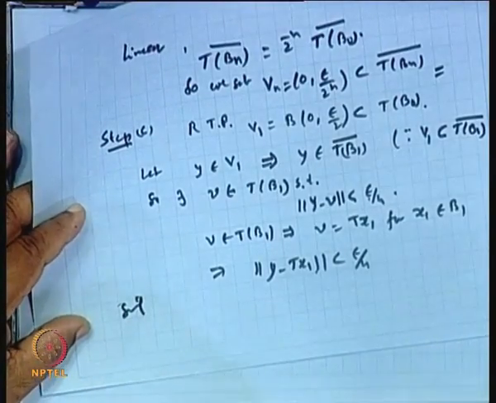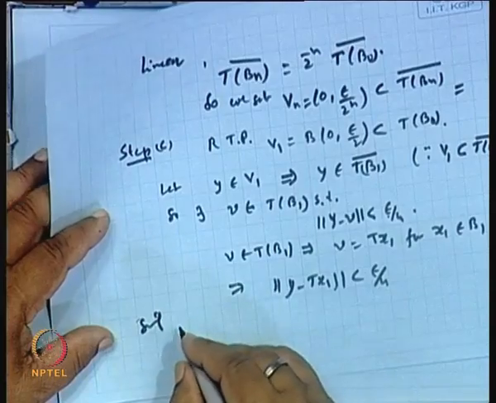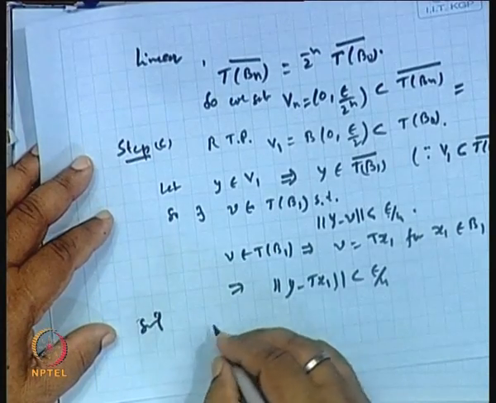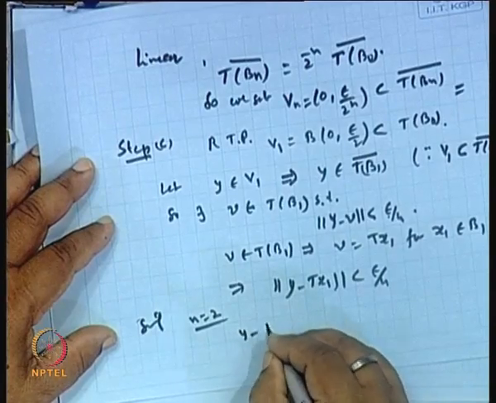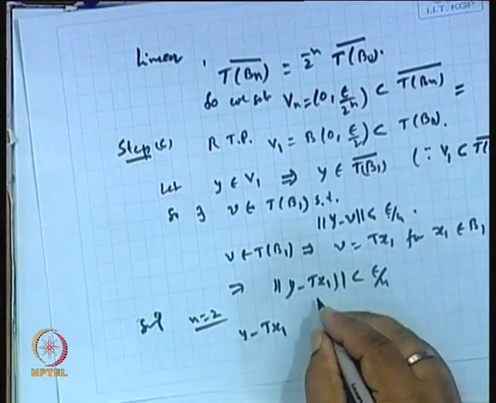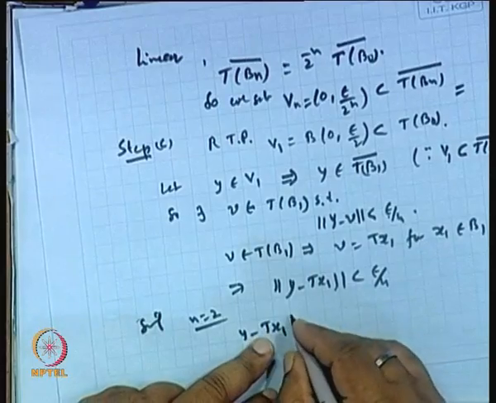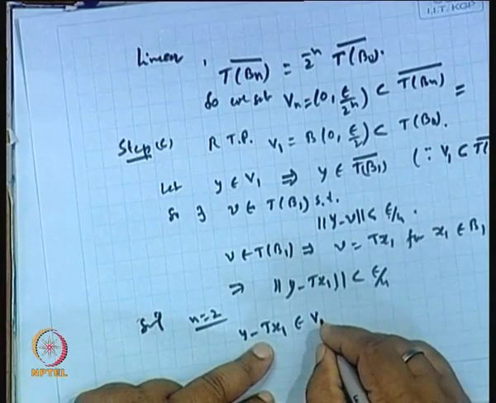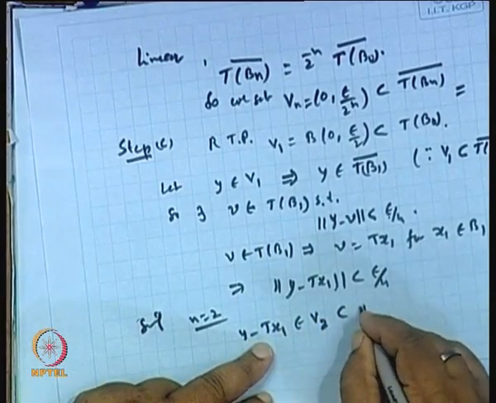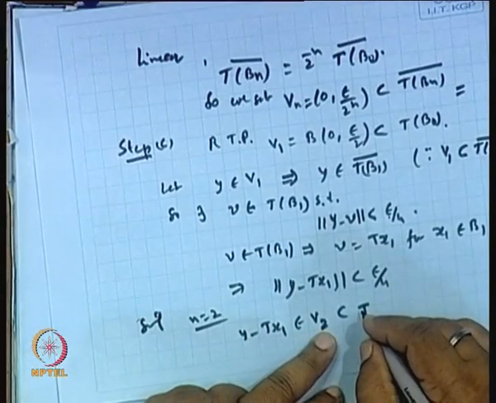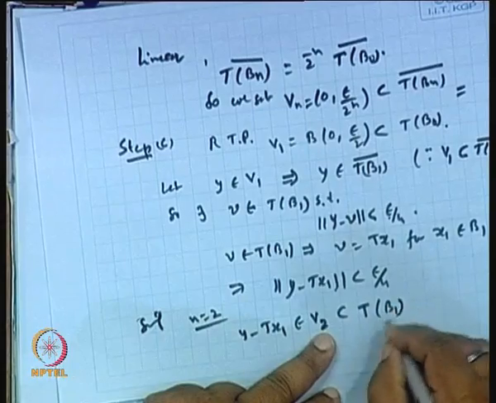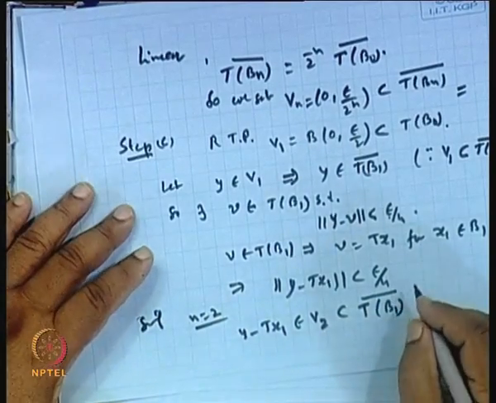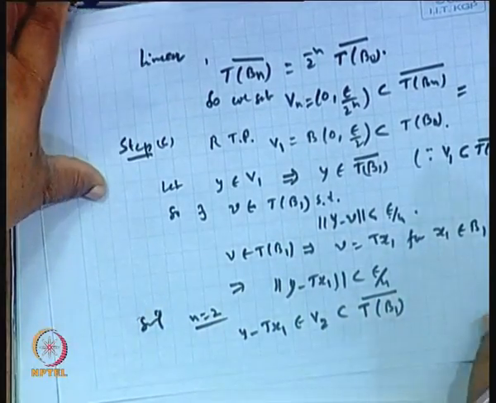Similarly, for n equal to 2, we get y minus T x1, which is an element belonging to V2 centered at 0 with radius 1 by 2 square, and it is contained in T B1 closure.